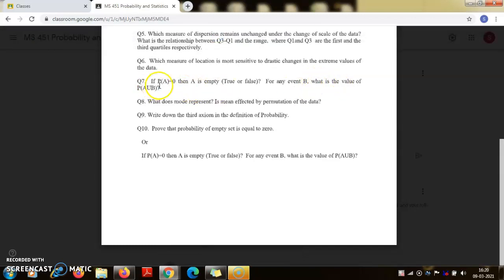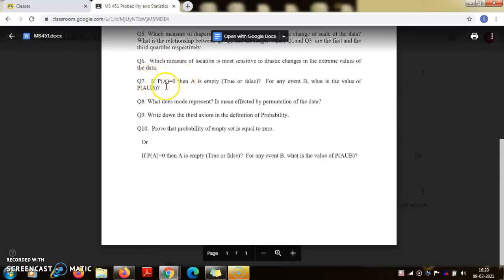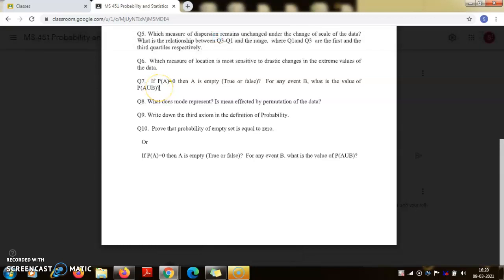Well, I expected the answer in light of the previous comment, but some of you have written probability of A plus probability of B minus probability of A intersection B. That is also fine, but since I am asking in this context, this would be the probability of B only, because probability of A is 0, so you can verify that probability of A intersection B is 0, so by that logic probability of A plus probability of B minus probability of A intersection B is also just probability of B.